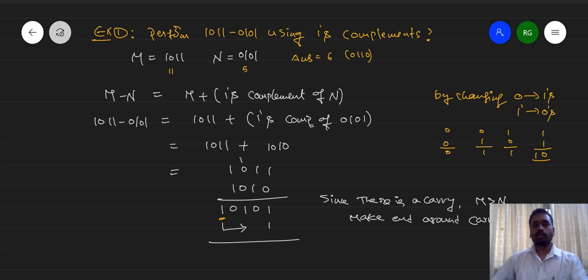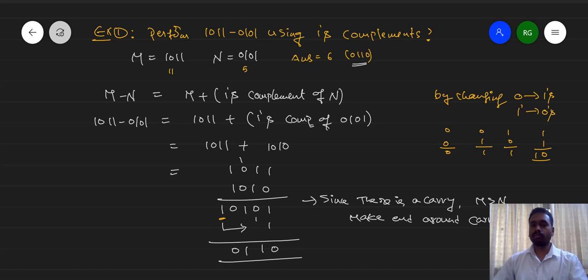Now see, 1 plus 1 is again 10, 1 and 0 as usual. So this is nothing but 6. That's the actual result we need, 0110. Very simple. Since there is a carry, we have to specify whether m is greater than n or m is less than n.